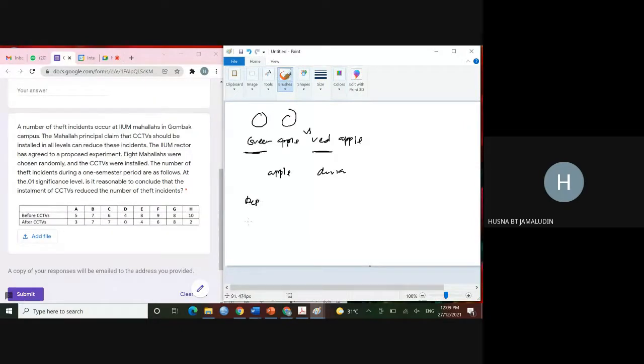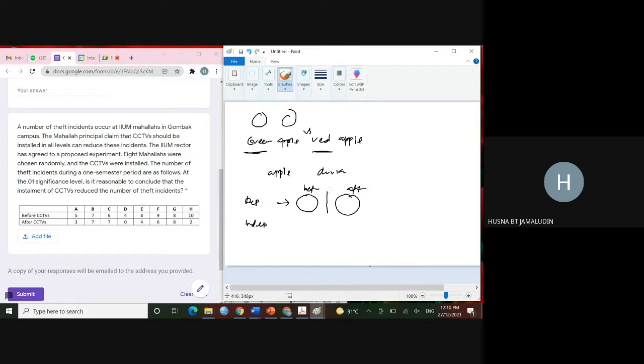Dependent and independent sample. So dependent normally refers to one item, like one object, but then you evaluate it at different times. Means that there is some intervention here, and then it has two values. So this is the before event, and then this is the after event.